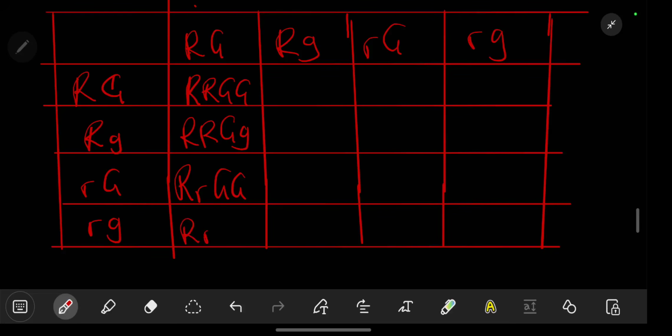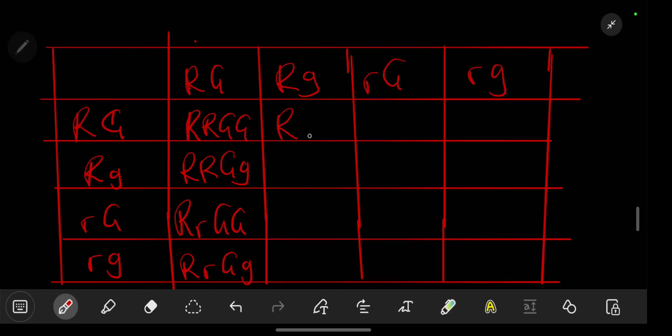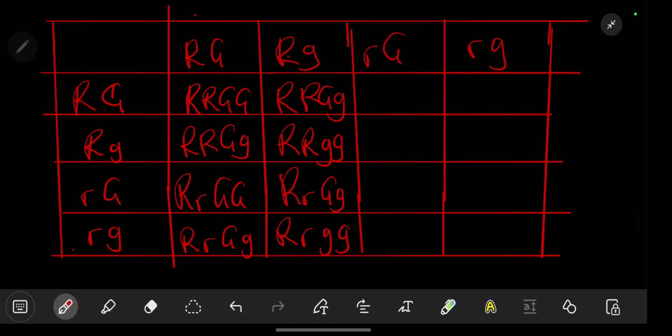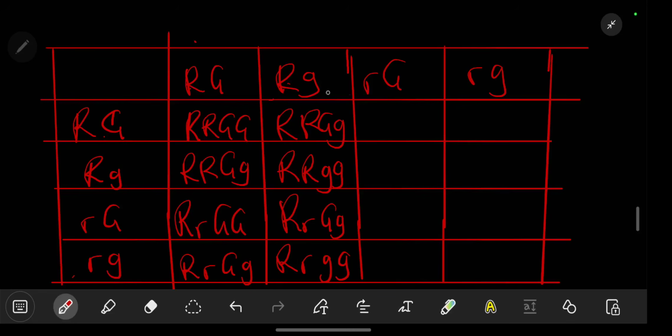So we have our R, R, G, G, like that. Then we have our R, R, combine, you have your G, G, like that, R, R, G, small g, we have our R, small r, big G, small g, we have our R, small r, small g.